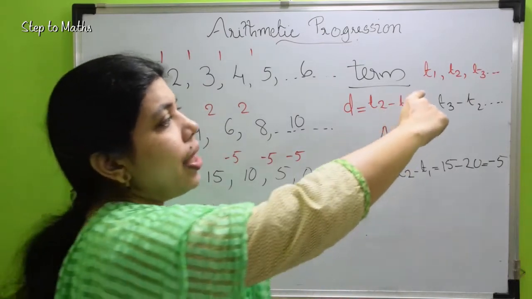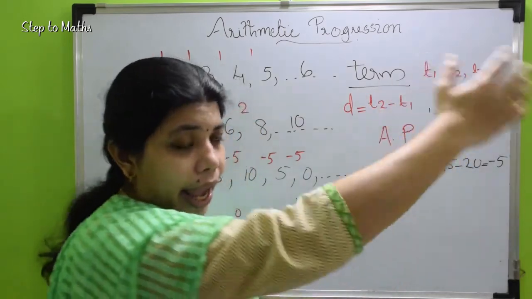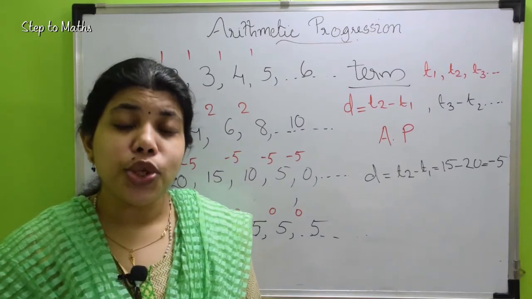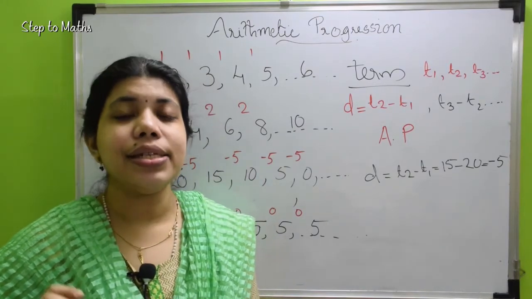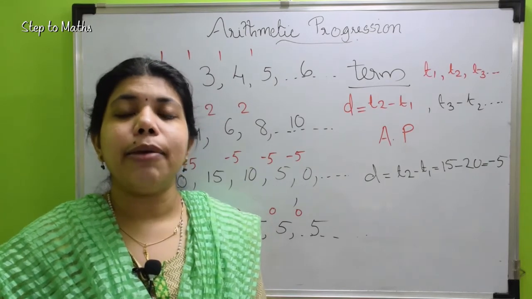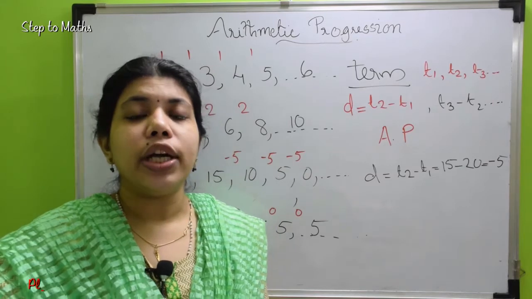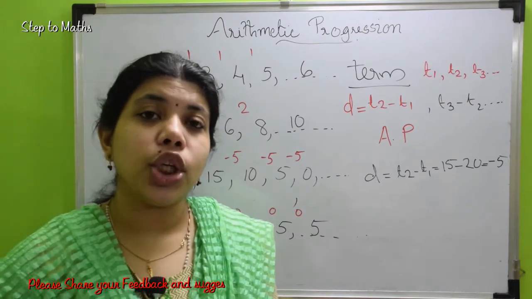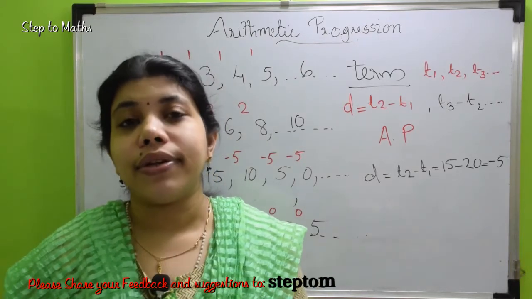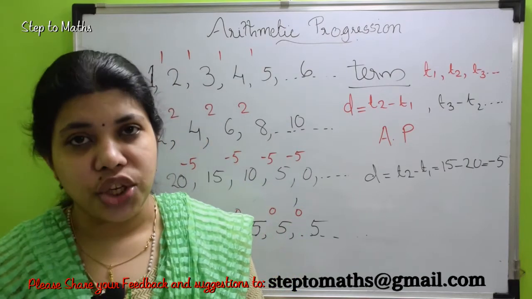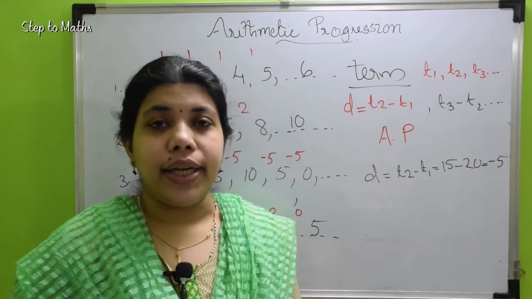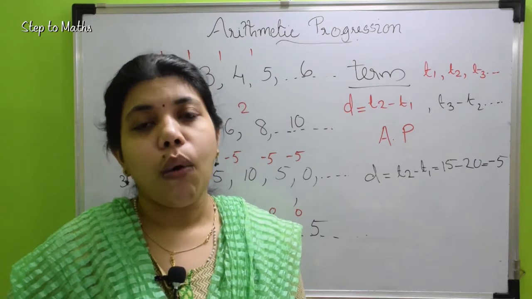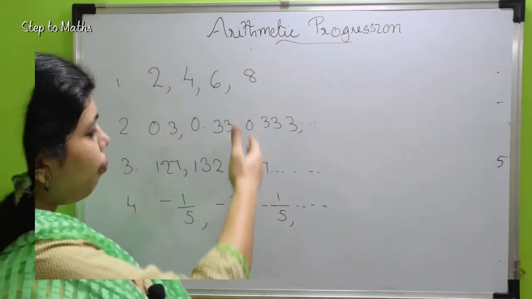They are represented using T1, T2, T3, etc. And if in a sequence the difference between two consecutive terms, that is T2 minus T1, equals T3 minus T2, which is also equal to T4 minus T3, etc. That is, the difference between consecutive terms is constant. That type of sequence is known as an arithmetic progression. The value of D, that is the common difference, may be positive, negative or 0.